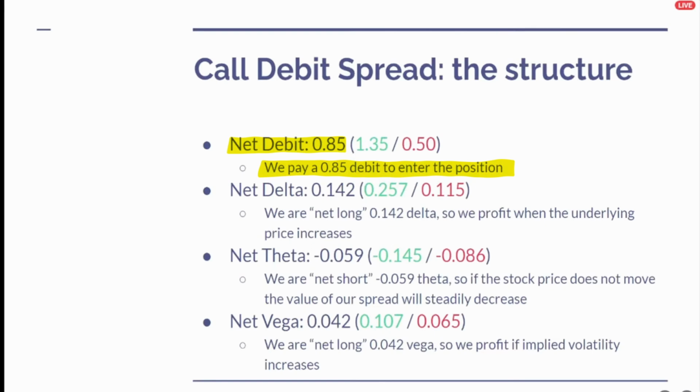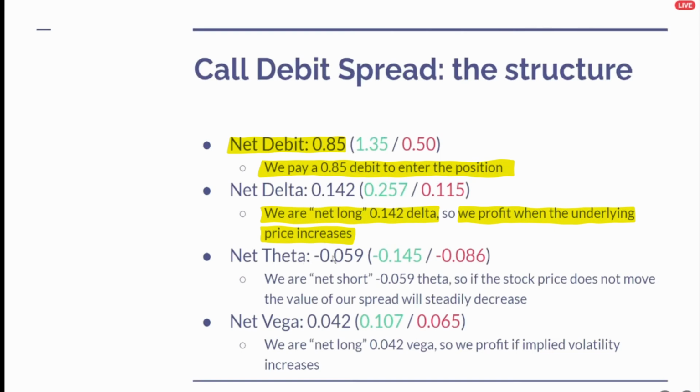I don't think it's really that important to actually do the math, but the important thing here is that you are net long delta, and that's good because you want to make money if the stock price goes up. So you want to have positive delta on the structure.